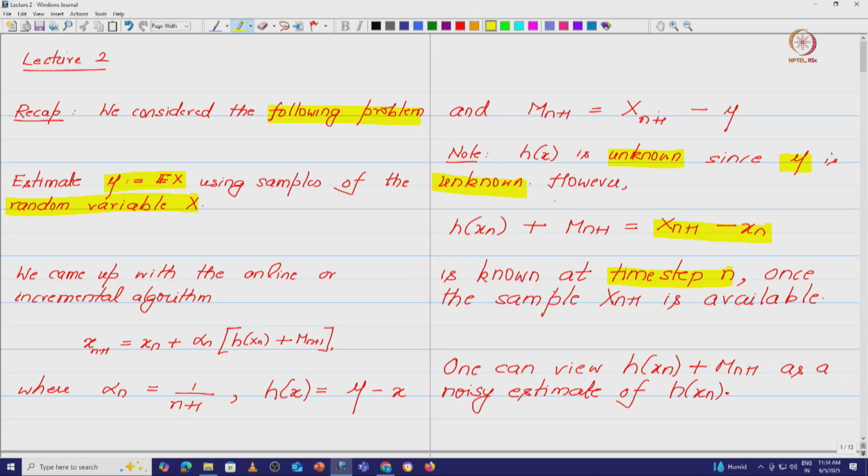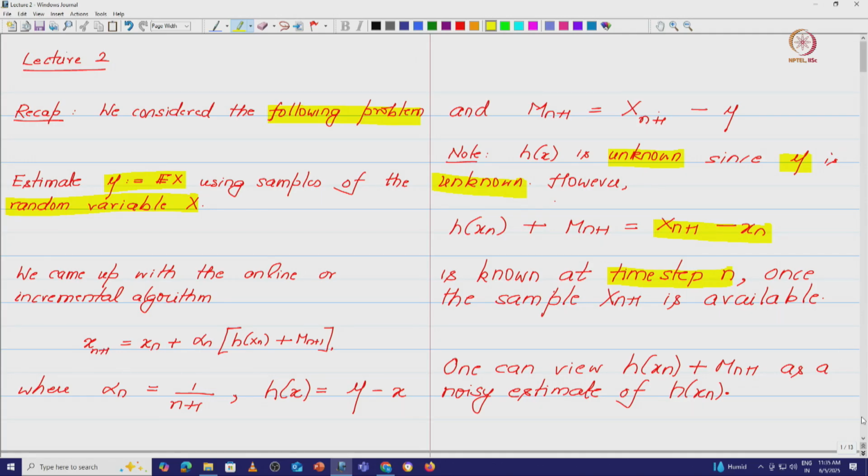We don't know h(x_n) because mu is unknown. However, we have access to the noisy estimate of h(x_n), which is h(x_n) plus M_{n+1}, and this noisy estimate becomes available when X_{n+1}, which is the n plus first sample of the random variable X, becomes available, right?